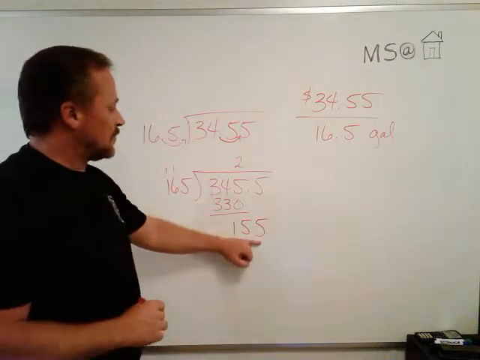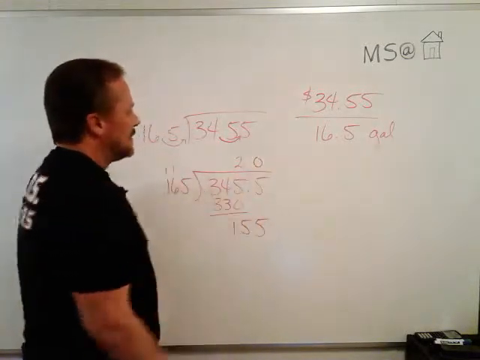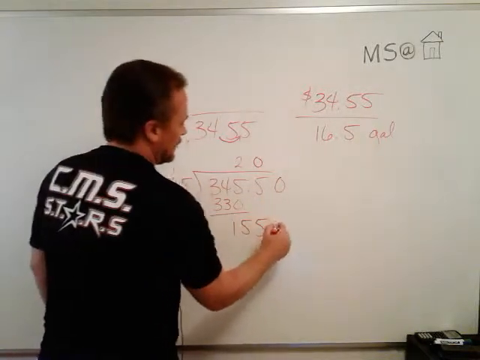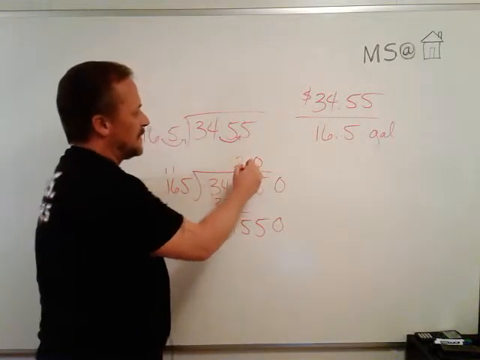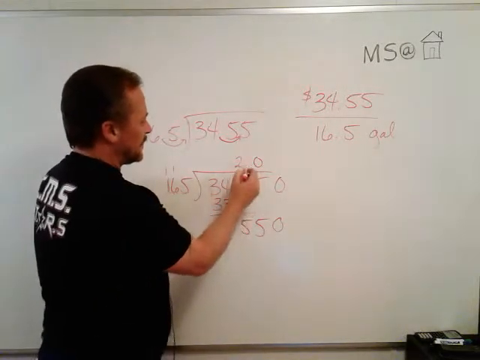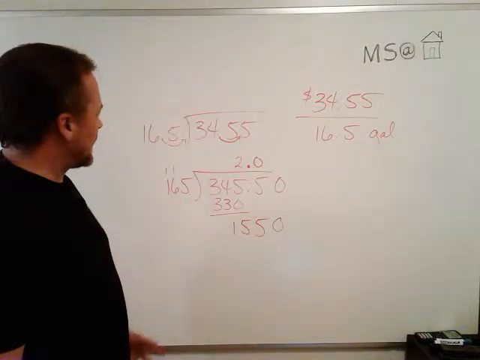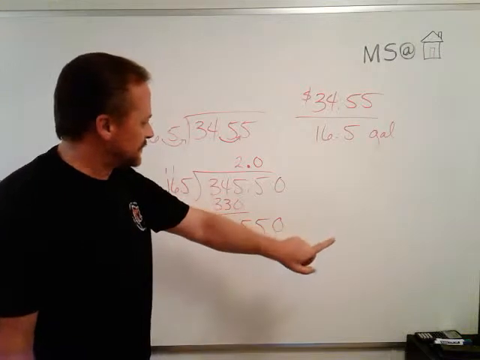165 does not go into 155, so I can put a 0 right here and add another 0. Bring down this 0. By the way, my decimal is going to go there. I'm going to go ahead and put that there so I don't forget to. And I'm going to figure out now how many times does 165 go into 1,550.